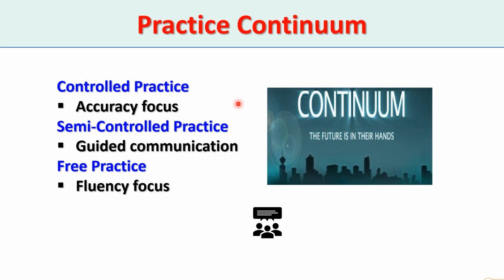Finally, using free practice, students discuss their future goals, dreams, or holiday plans using the target grammar naturally.